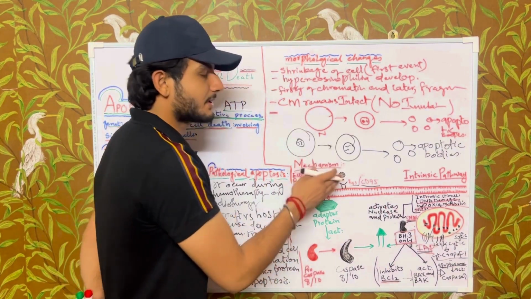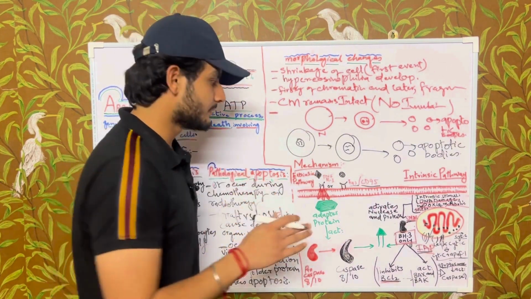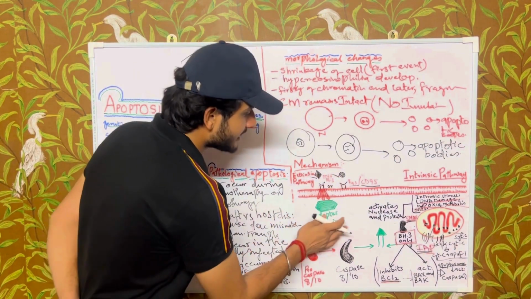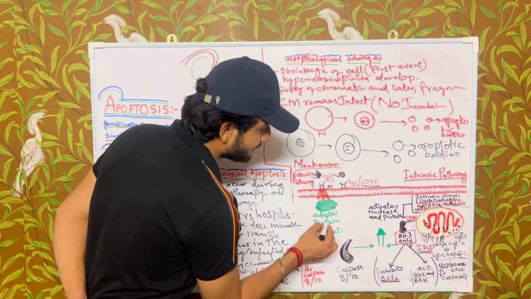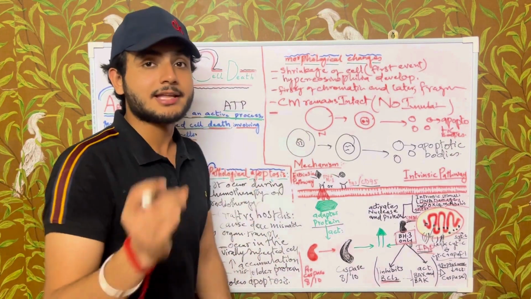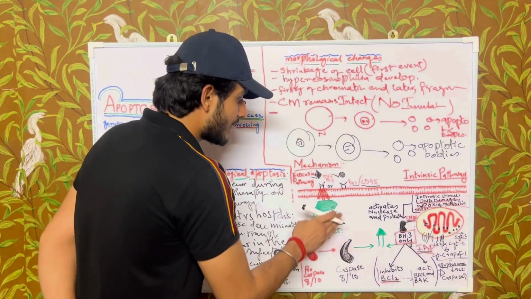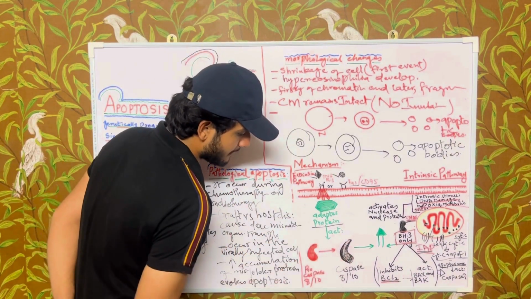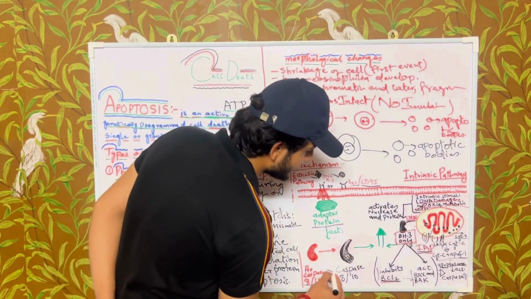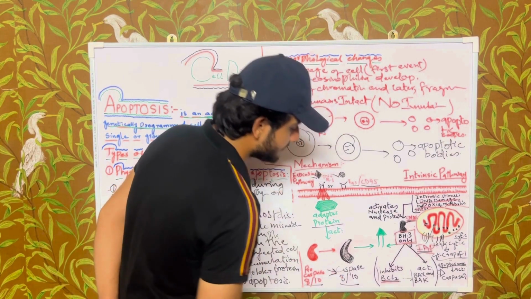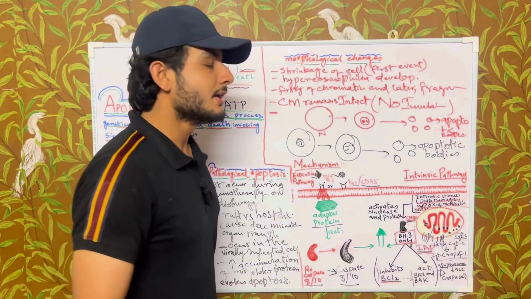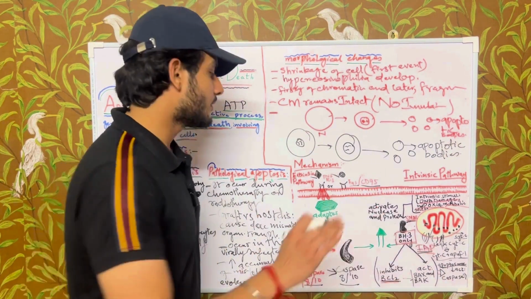When these receptors bind with their death ligands, there is polymerization of the adapter protein in the cytoplasm. After the polymerization of these adapter proteins, procaspase 8 and 10 get activated into caspase 8 and 10. These caspases can activate the nucleases and proteases, thereby causing apoptosis.